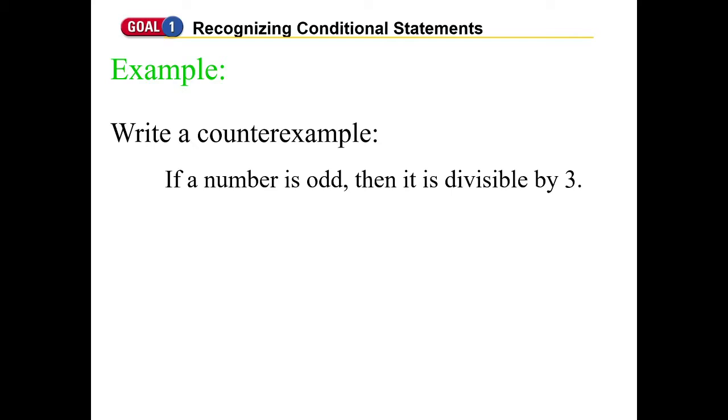Who can think of an odd number that is not divisible by 3? The number 17, the number 5, the number 7. You just name one odd number that is not divisible by 3. For example, 5 is odd but not divisible by 3. That is a counterexample already.